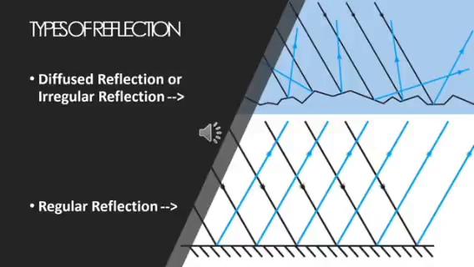Irregular reflection is the reflection which occurs on surfaces which are not smooth. Are you understanding? And regular reflection happens when the ray of light falls on plane surfaces. So that is regular reflection. Have you all understood?